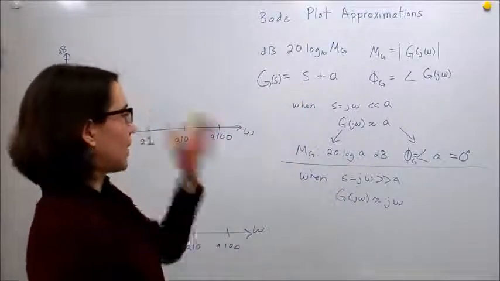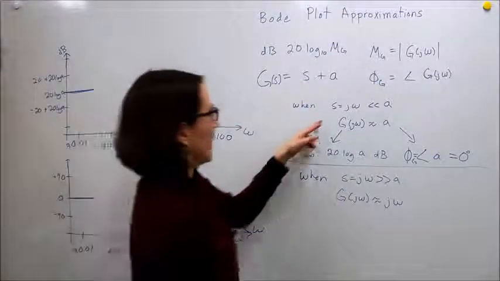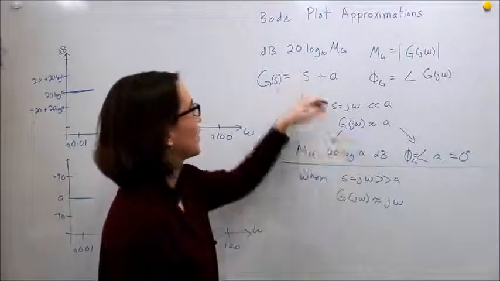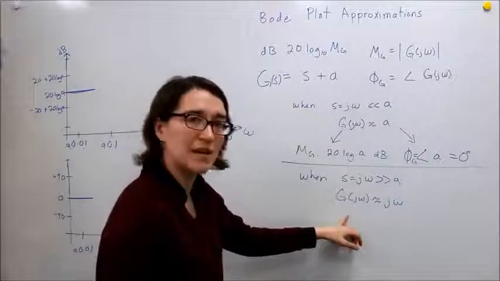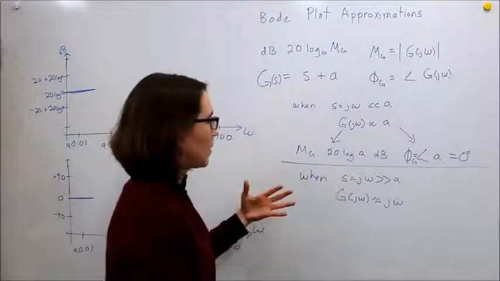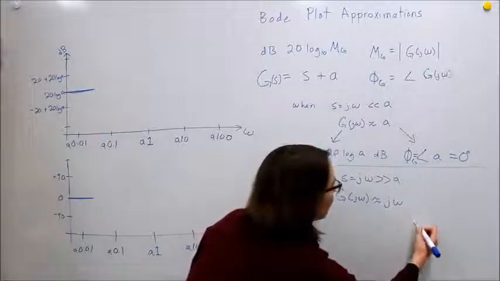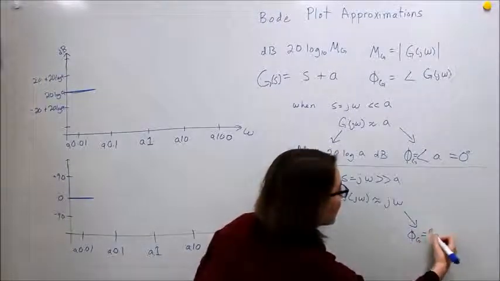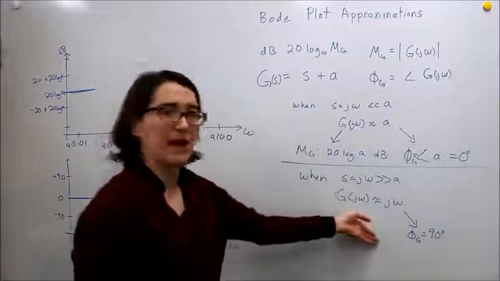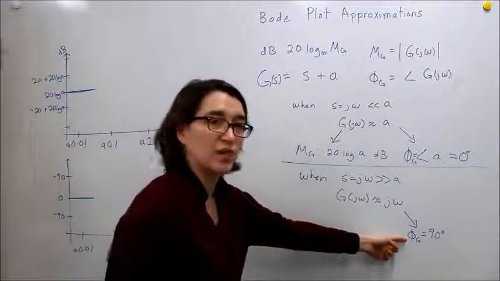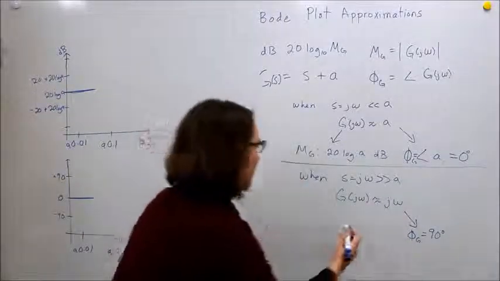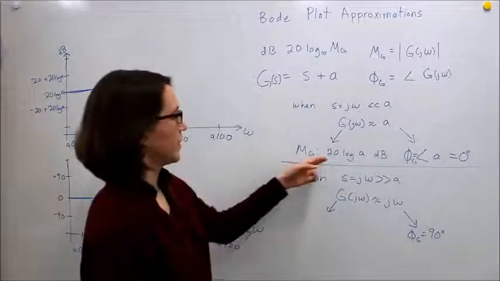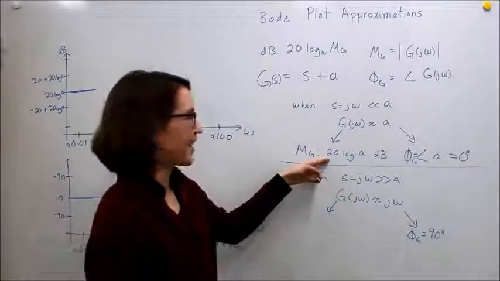We already did this, right? We looked at just the case of when g is equal to s. So I'm going to do the angle first. Theta g is equal to positive 90. As we go to infinity, we're going to go towards that phase, and the magnitude is going to be increasing.